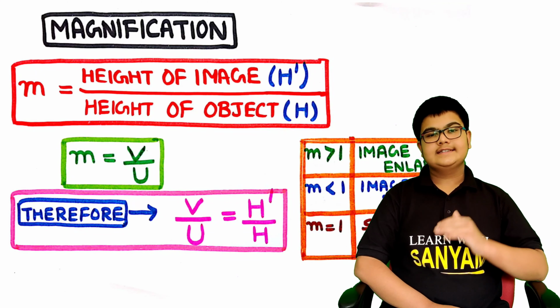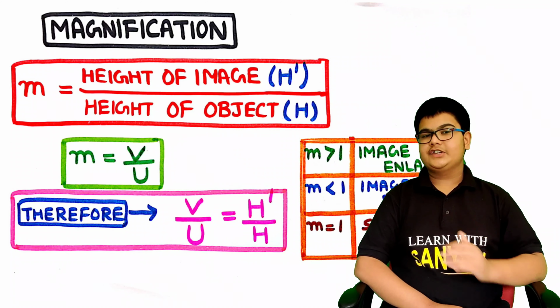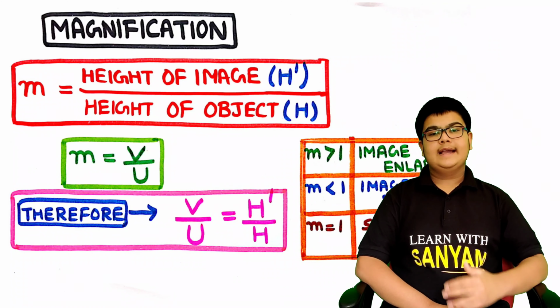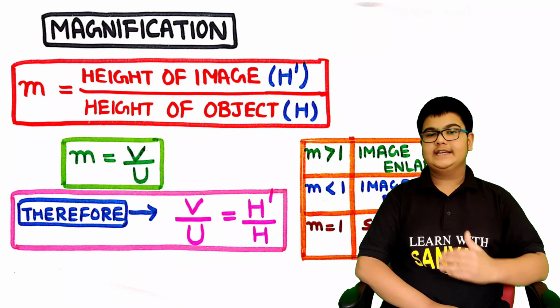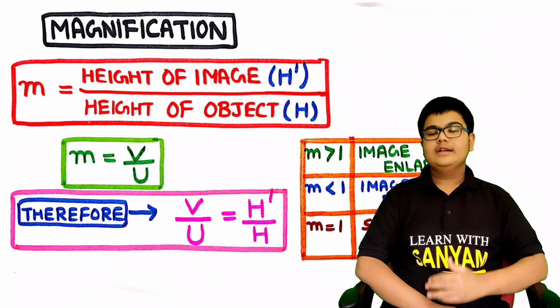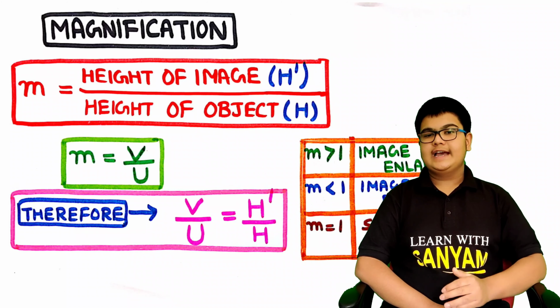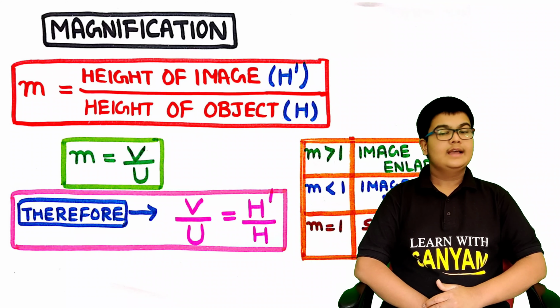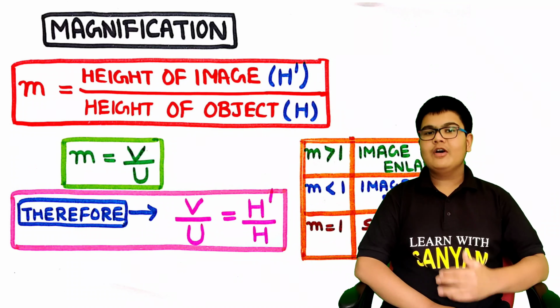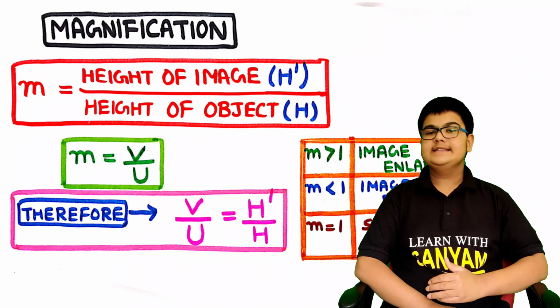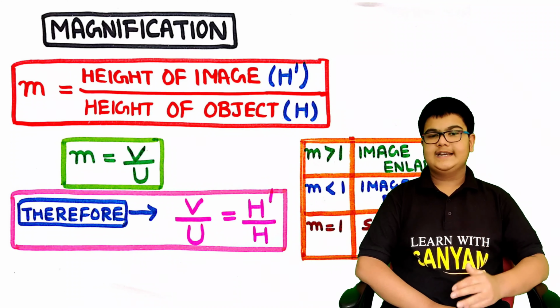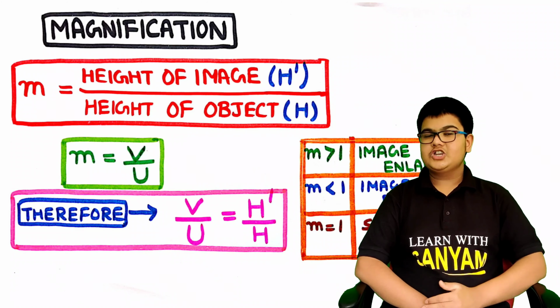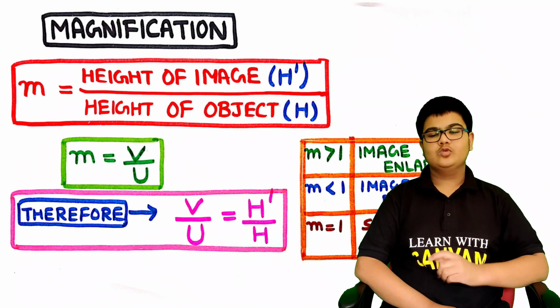Now let's discuss the second formula, that is magnification. This says that magnification is equal to height of image upon height of object, or magnification is equal to h dash upon h. Now there is also a second formula for magnification of lens, that is magnification is equal to image distance upon object distance, or magnification is equal to v upon u.